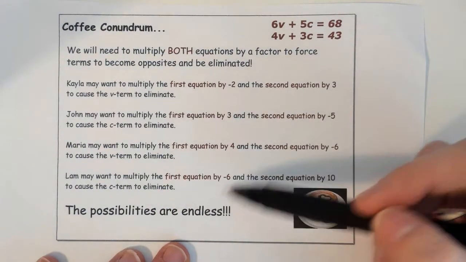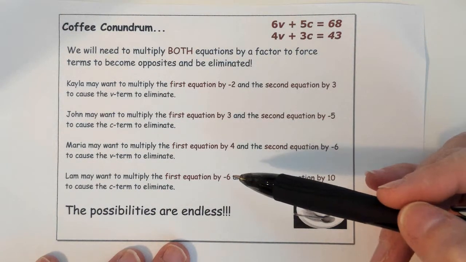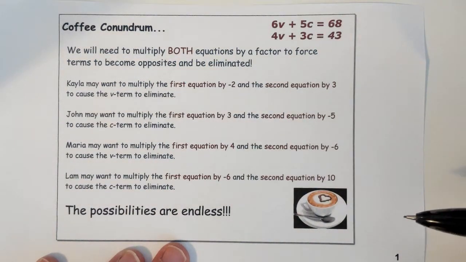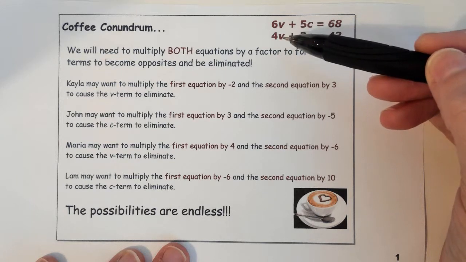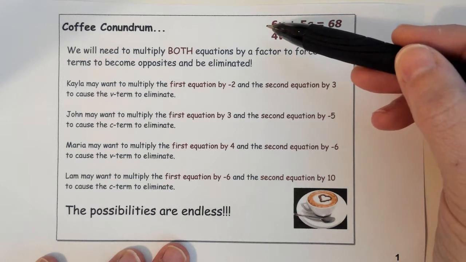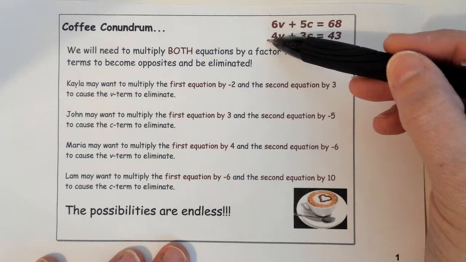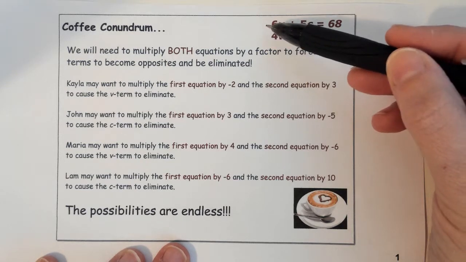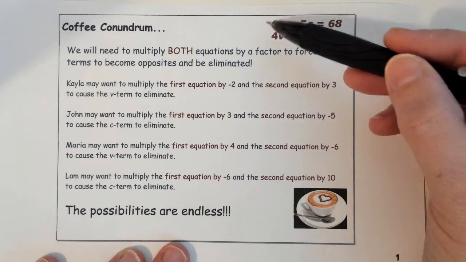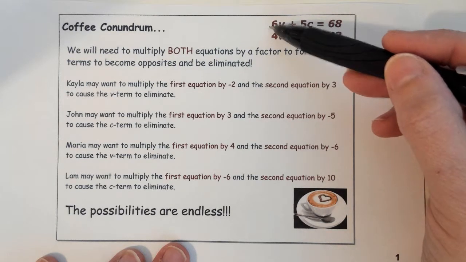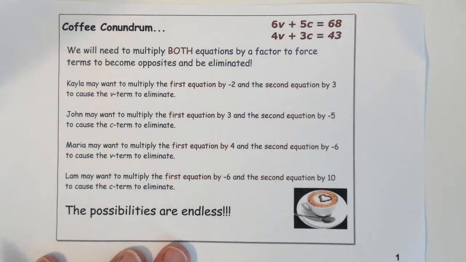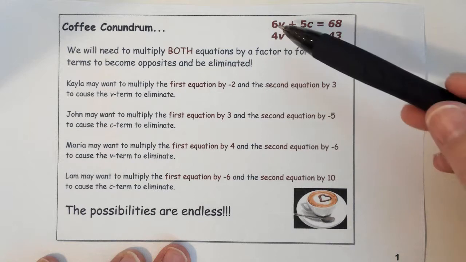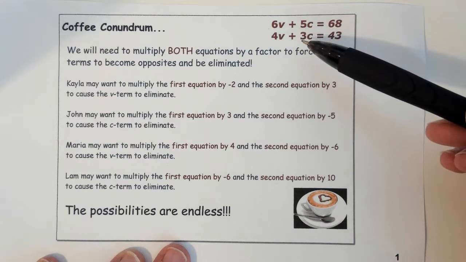The reason you aren't going to like this strategy is that there are lots of ways I can do this. Let's say I want to eliminate my v's. I can multiply this one by -2 and that one by +3. If I multiplied everything up here by +2 and everything down here by -3, then I'd have 12v and -12v when I multiplied everything out. That would eliminate the v term. I can multiply this one by 3 and this one by -5.